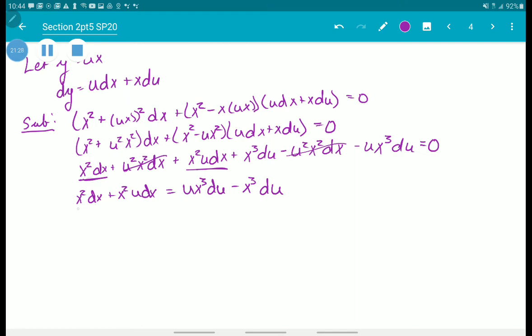So if we look at the left-hand side, we could factor an x squared and a dx out. And that's going to leave us with 1 plus u. On the other side, we could factor out an x cubed and du. And that's going to leave us with u minus 1.